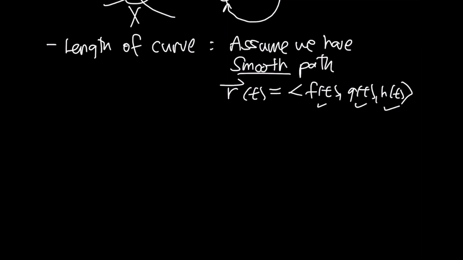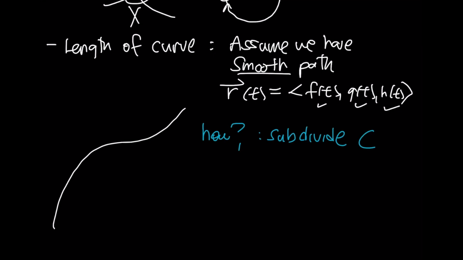So if we wanted to talk about the length of a curve, we are going to subdivide this curve into straight line segments. This point corresponds to the initial time, whereas this point corresponds to the last time. We are going to take a series of points for our t value and work our way down.